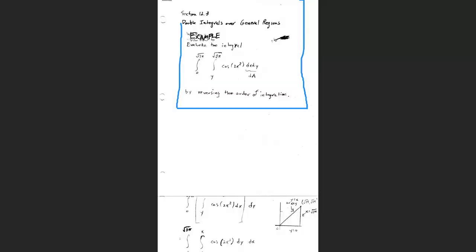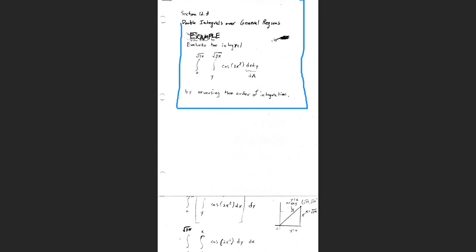Okay, so you have been working on section 12.3 and you have worked through a good variety of problems. And I want to just do another problem with you. It's one of these problems where you have to reverse the order of integration. We did one like that in our last class, but I'd like to do another one with you.